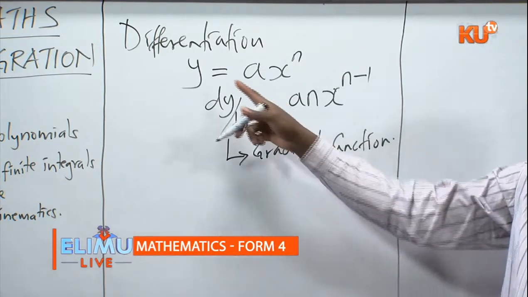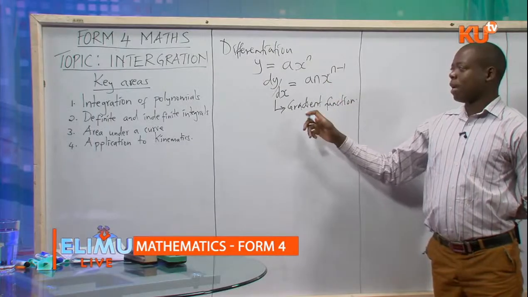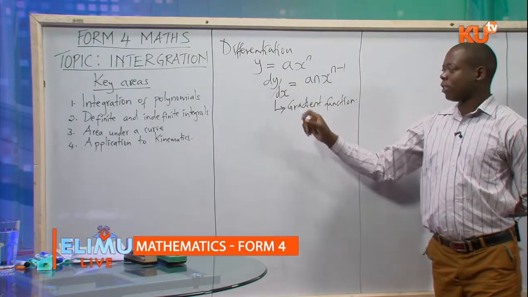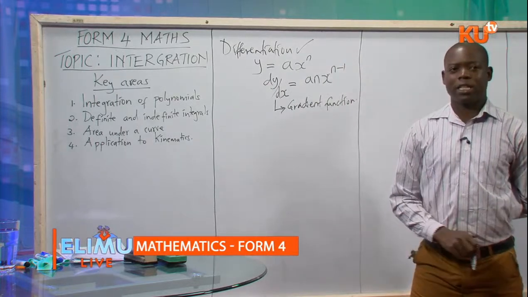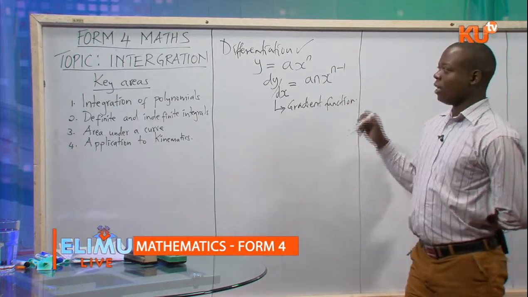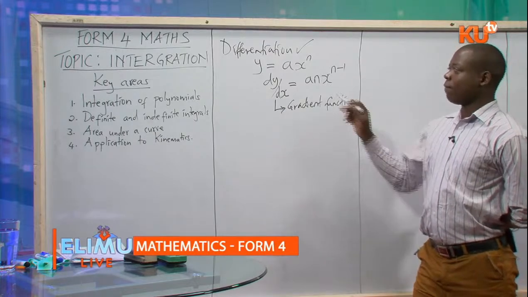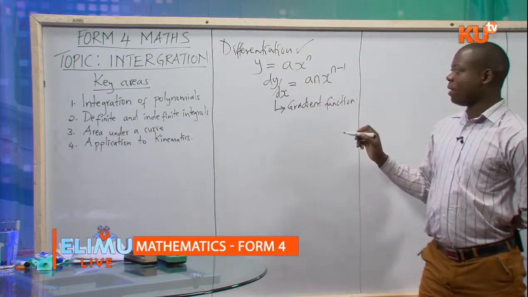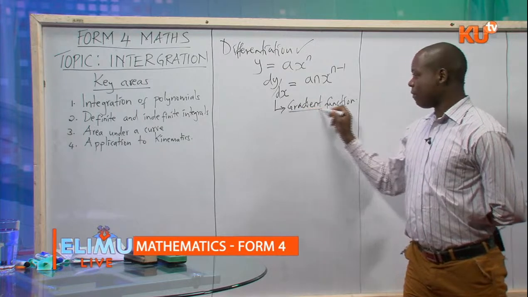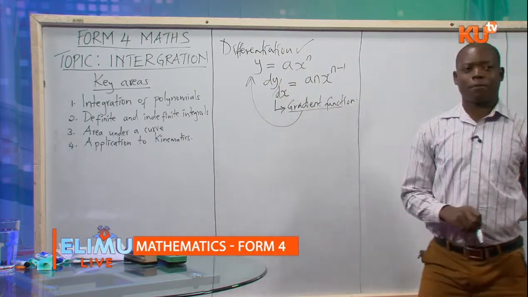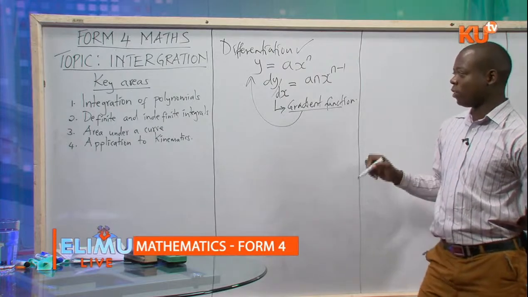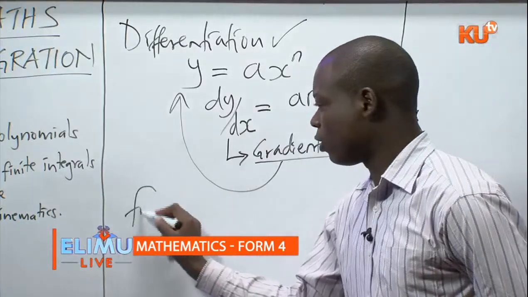So when you have a function of a curve, carrying out a process to obtain the gradient function is what we term differentiation. In integration, if it is the reverse of differentiation, then we are given the gradient function to obtain the function of the curve.